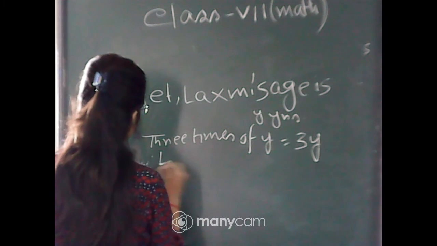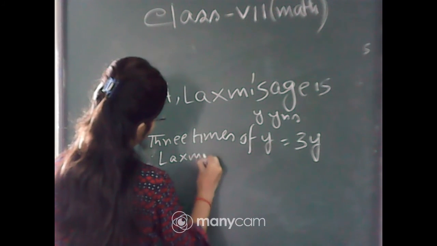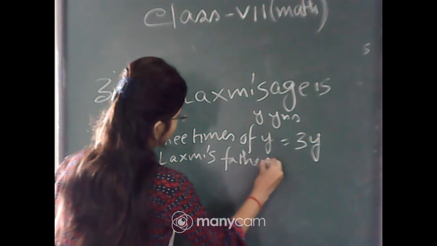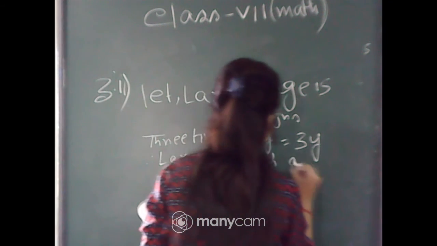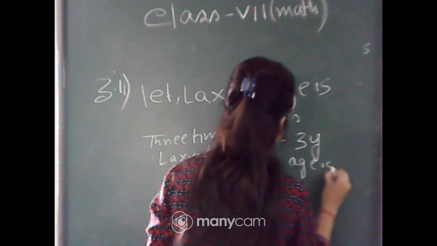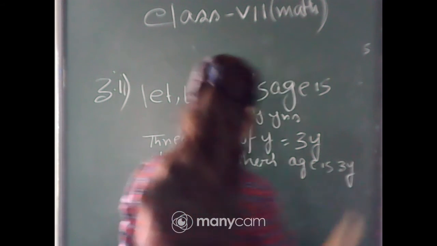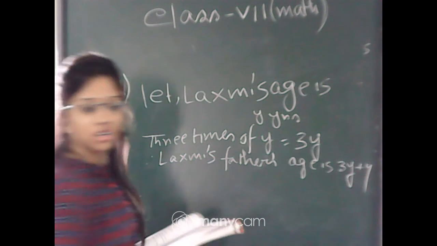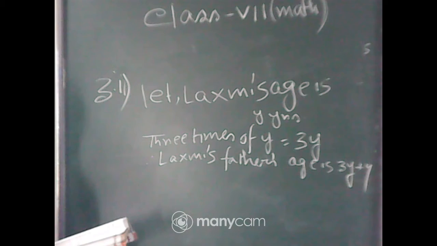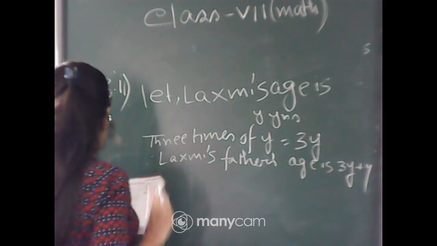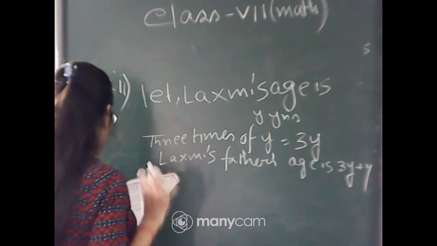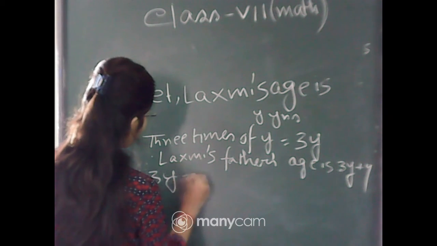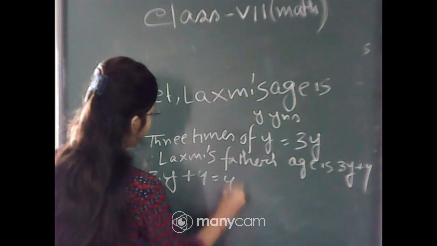Therefore, Lakshmi's father's age is 3y plus 4. Do you see the board properly? Also it is given that Lakshmi's father is 49 years old. Therefore the required equation is 3y plus 4 is equal to 49.